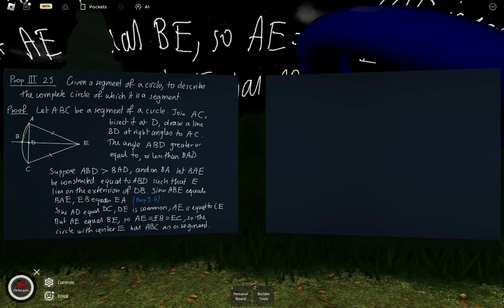Okay, even if the angle ABD be equal to BAD, so now we're going back to the 3 cases, if ABD equals BAD. So let's go back to our diagram.